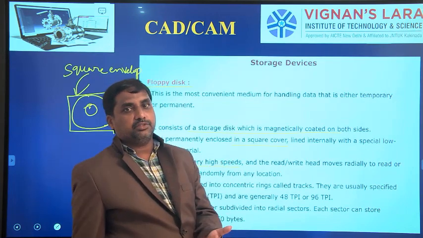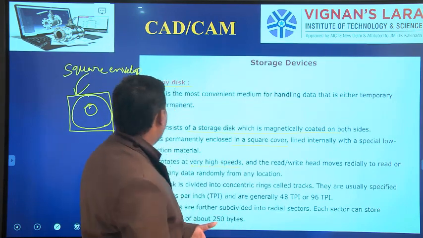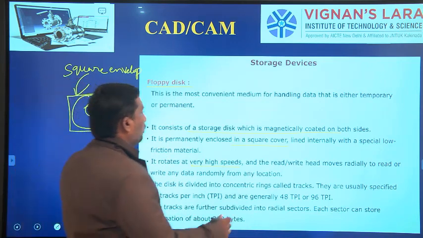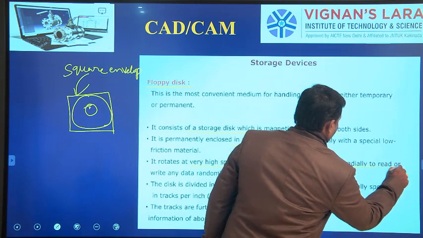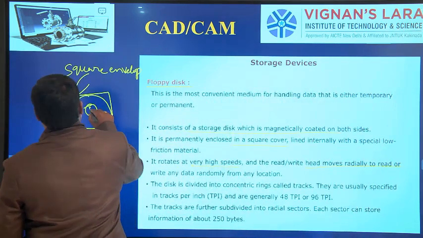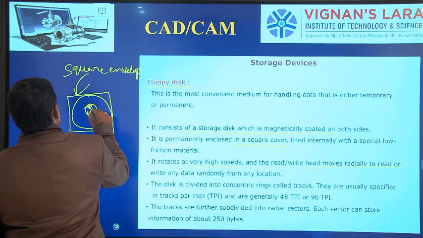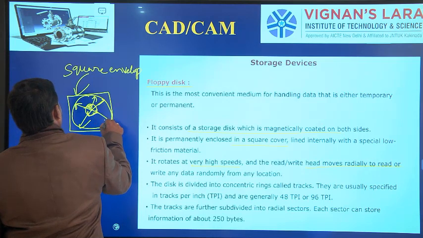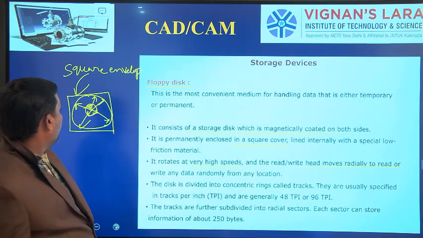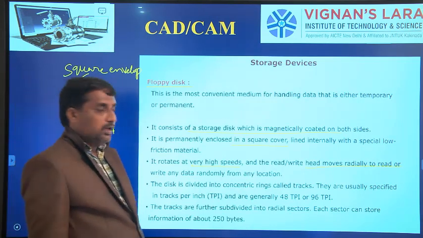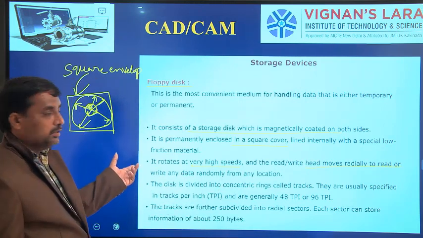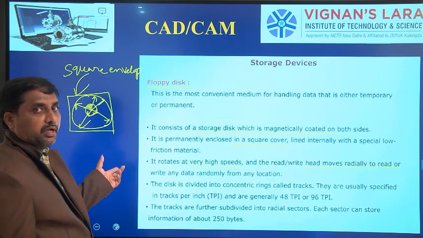It contains read and write heads. These heads move radially, so radially means from the center in this direction, like this. Down these directions it will move, and they will read or write the data at a particular location.